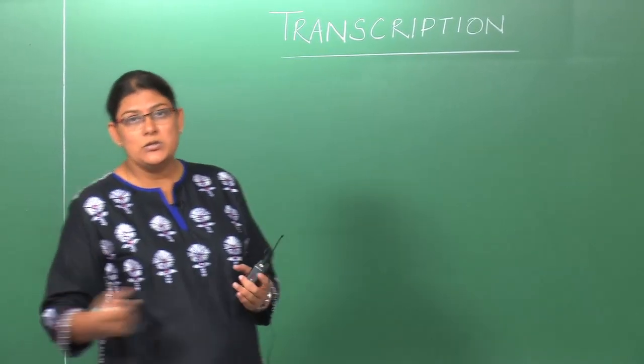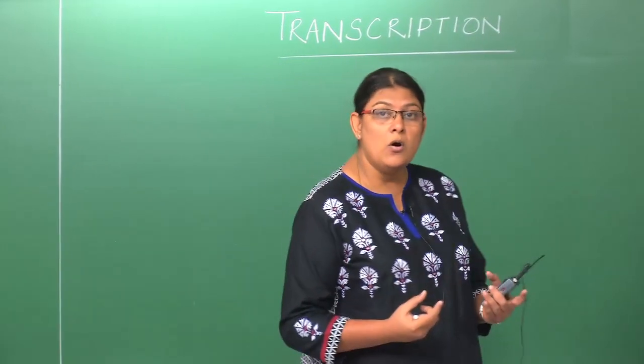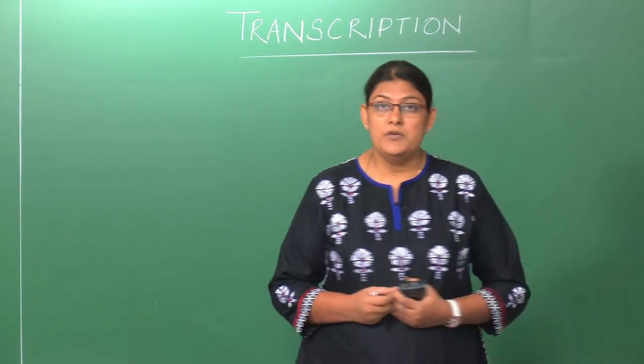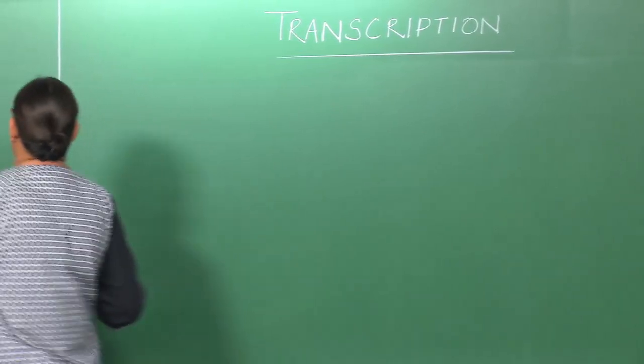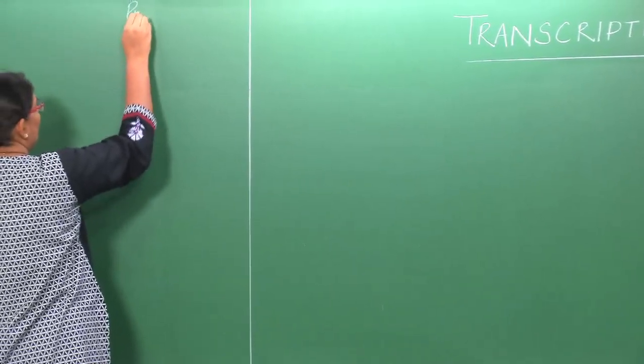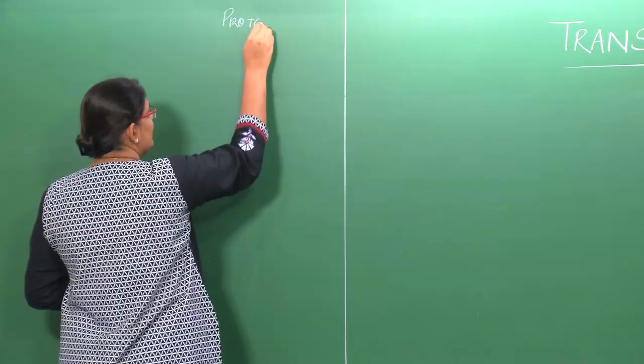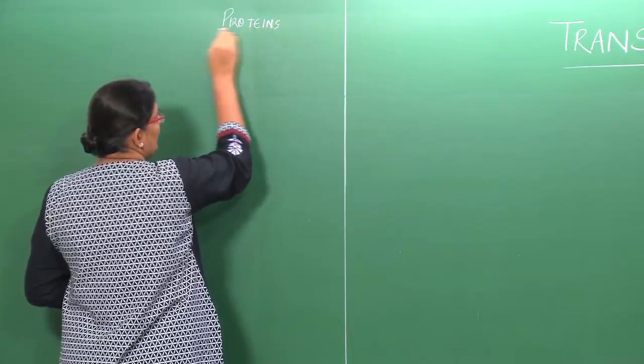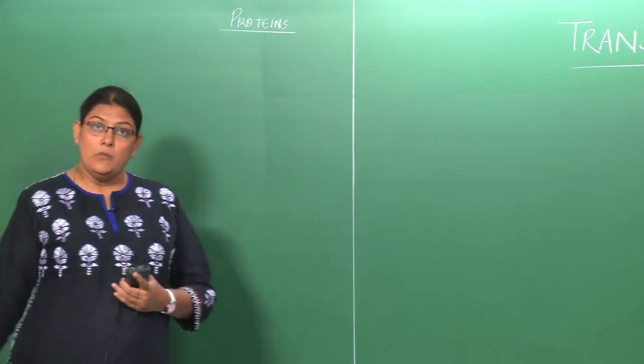It obviously leads to formation of the working horses of our cell, which are nothing but the proteins. Now, proteins is one of them. There are quite a few others, but we will stick to proteins in this particular video.